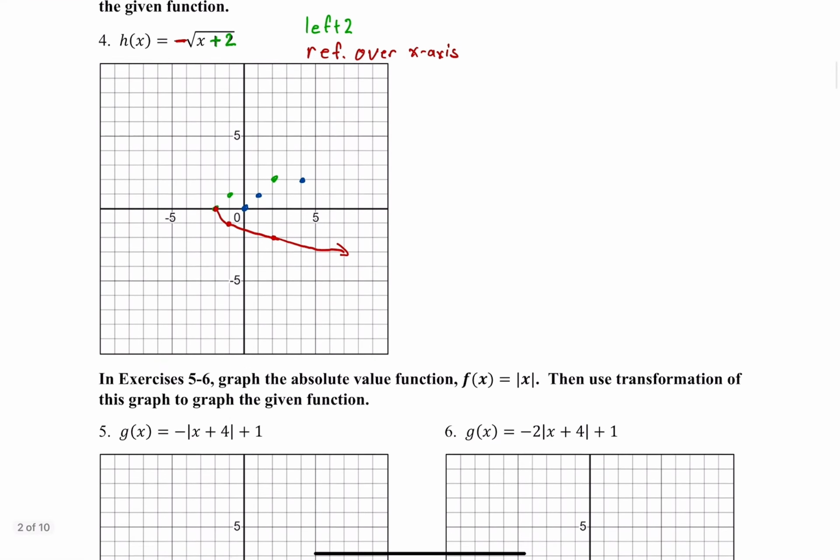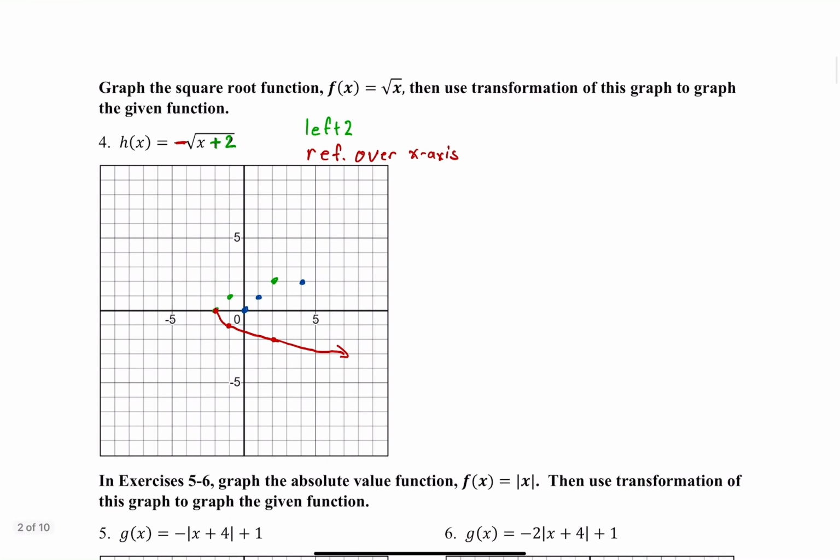So before we move on, just as a side note, let's say we had 4b right here, and it was h of x is equal to the square root of minus x. Just to see an example where the negative is inside, this time the negatives are being applied to the x's. So the positive x's, which are over here, will be made negative, so we would have it reflect over here.